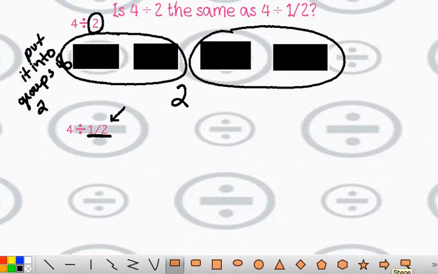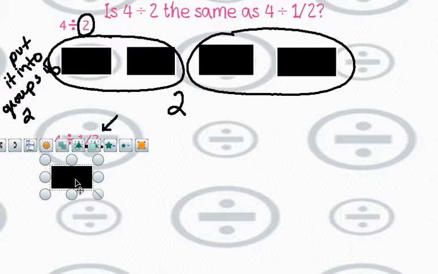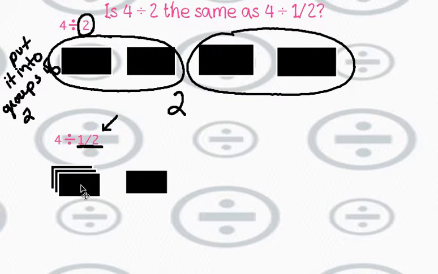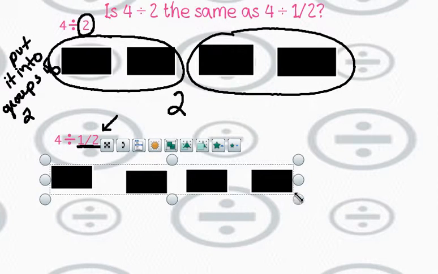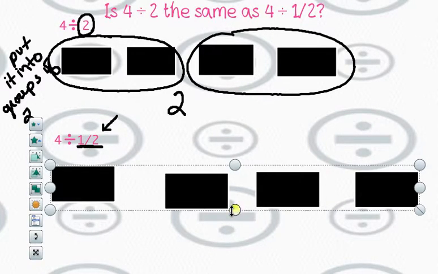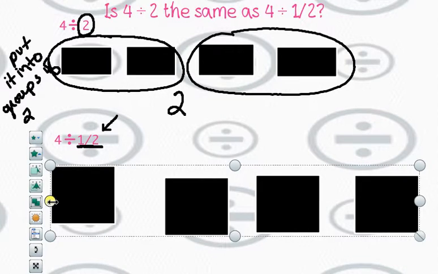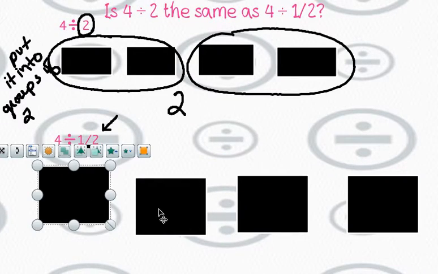So if I have my 4 pieces, and to make this a little bit easier, we're just going to go ahead and copy and paste. All right, so here's 1, 2, 3, and 4. And I will make them a little bit larger. There we go.